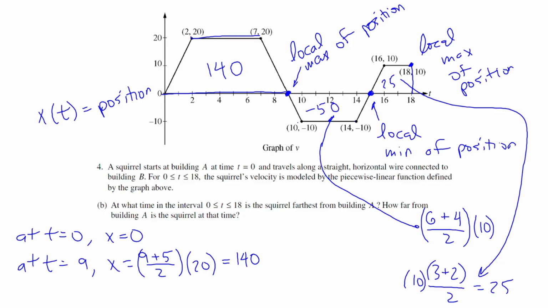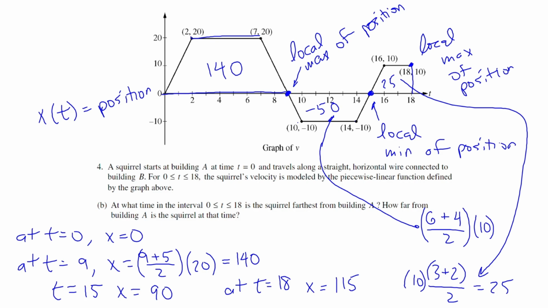So that tells us then that at t equals 15, our position was 140 minus 50, that's 90. And then at t equals 18, our position is going to add 25 more back to that, so that'd be 115.